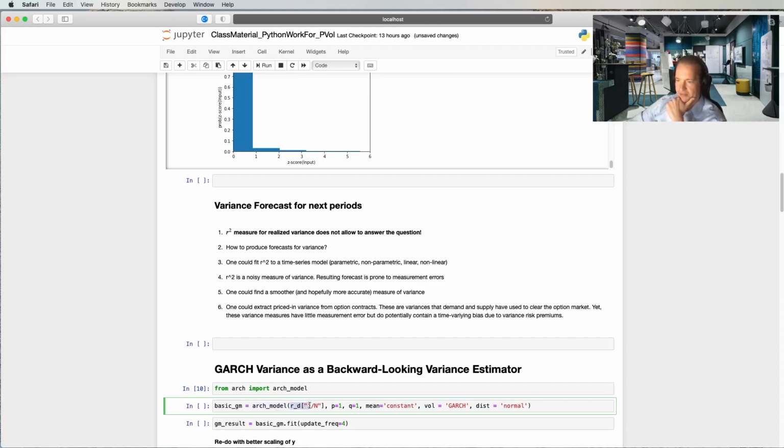I read in the return time series for which I want the GARCH implied variance estimate. I specify the order of the GARCH, so it has order P equals 1 and Q equals 1.